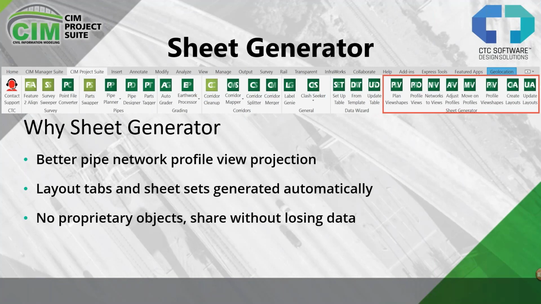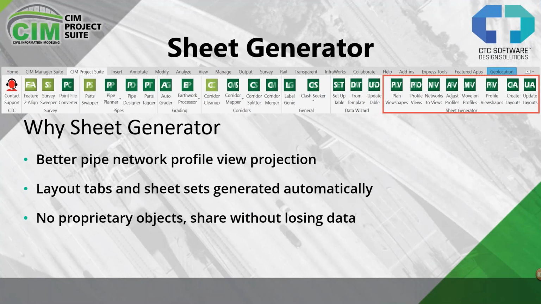Instead of selecting every part from Civil 3D when you're creating your profiles, it will only grab the parts that are relevant to the sheets you're creating. And we'll create layout tabs and sheet sets automatically.